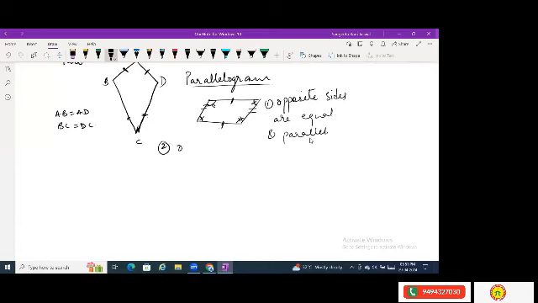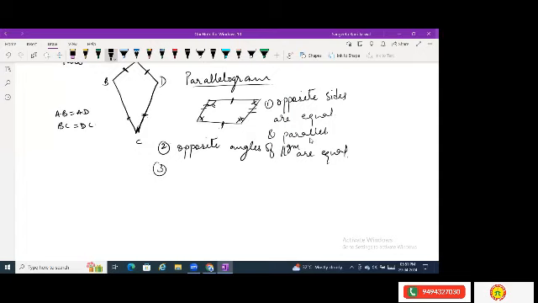So we can say that opposite angles of a parallelogram are equal. Please, you can write down these properties. This will be helpful when we do the sums. Opposite angles of a parallelogram are equal. Okay.